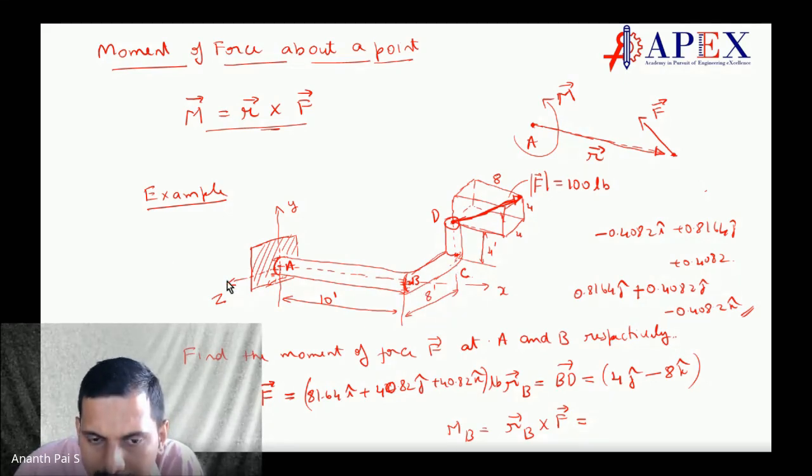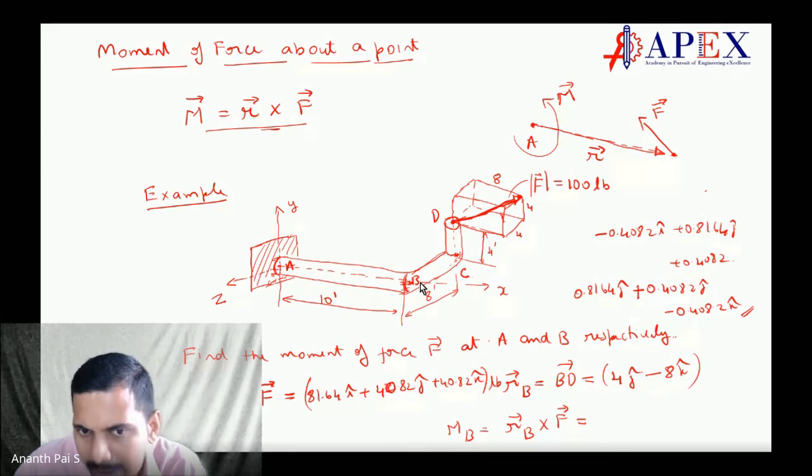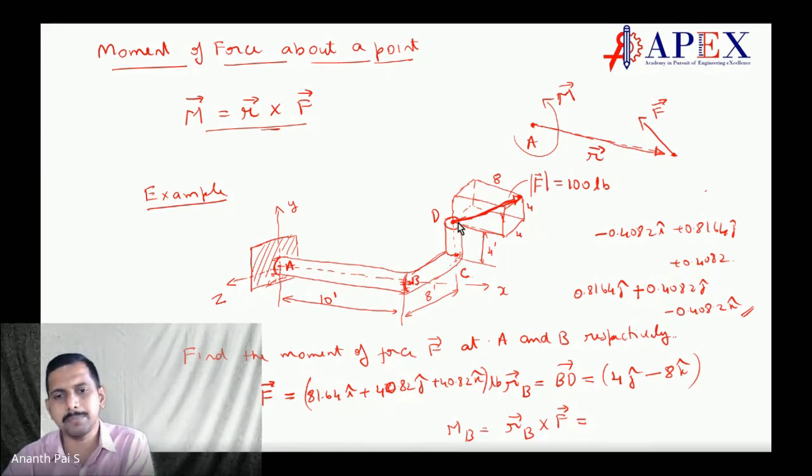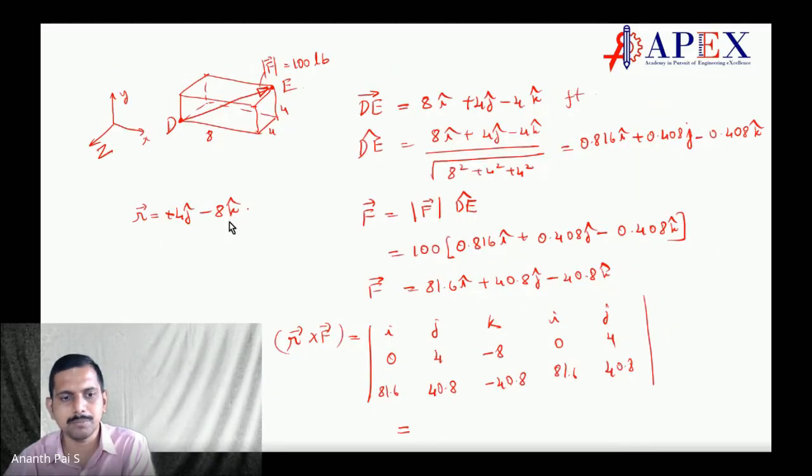Z is related to k. And plus 4 in the Y direction. Along the X direction nothing is to be gone, because B and D have the same X coordinates. Make sense? So you have 4j minus 8k.